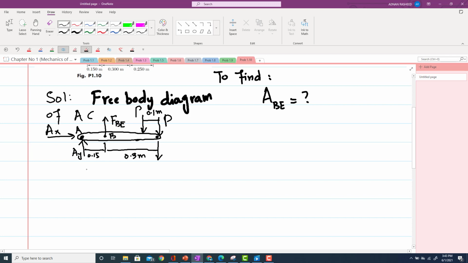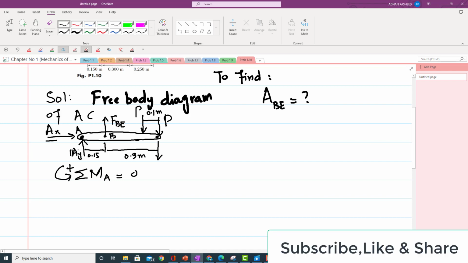So if you take the sum of all moments about A equal to 0, and counterclockwise is taken as positive, what will you get? These two components of A are passing through this point, so they are not able to produce any moment in this diagram.